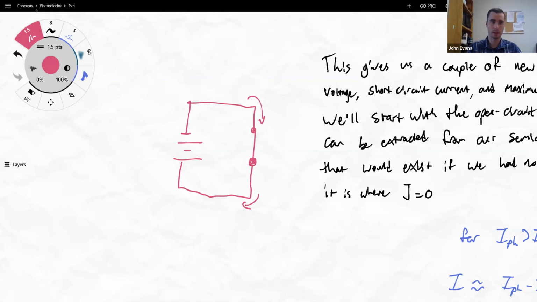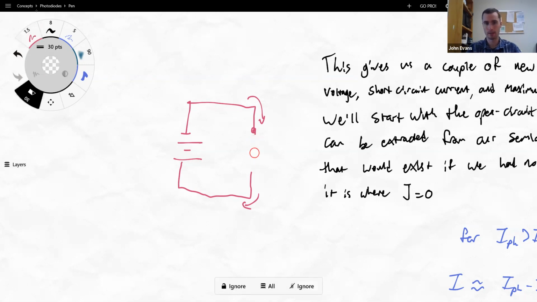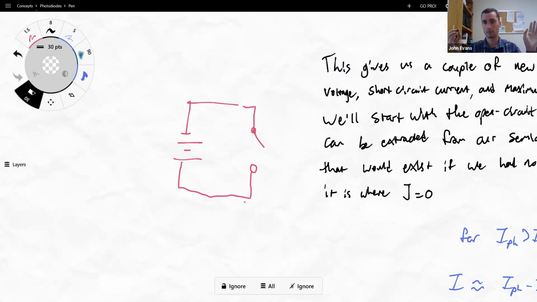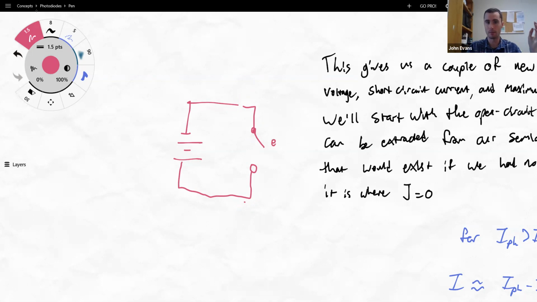Or what we could do is what we're going to do here, which is leave the circuit open, which means that there's no current flowing at all, right? Because there's no connection. There's no way for the electrons to get from here to here. There's just too much space there.